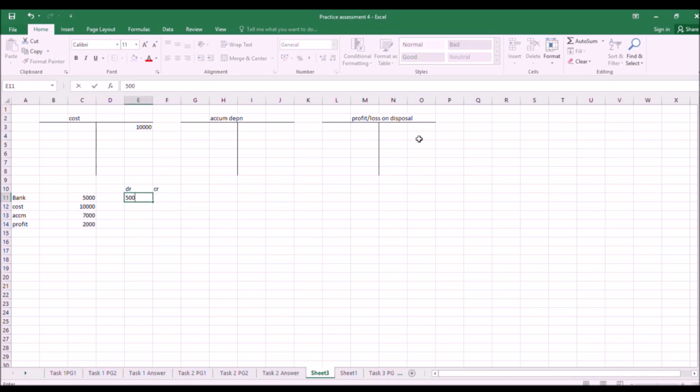So our bank would be our debit of 5,000, our cost would be credit of 10,000, our cumulative depreciation, we would get rid of it out of the cumulative depreciation, 7,000, and our profit here would be the additional 2,000. Okay, so it would look like that, but that's not what we've got here.